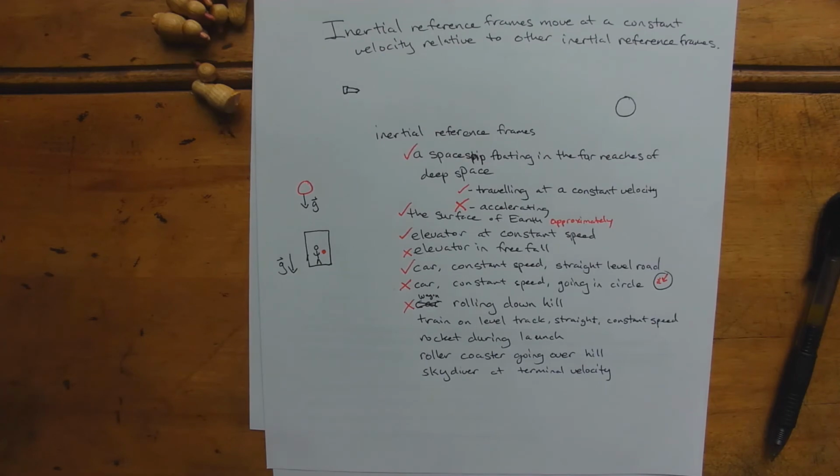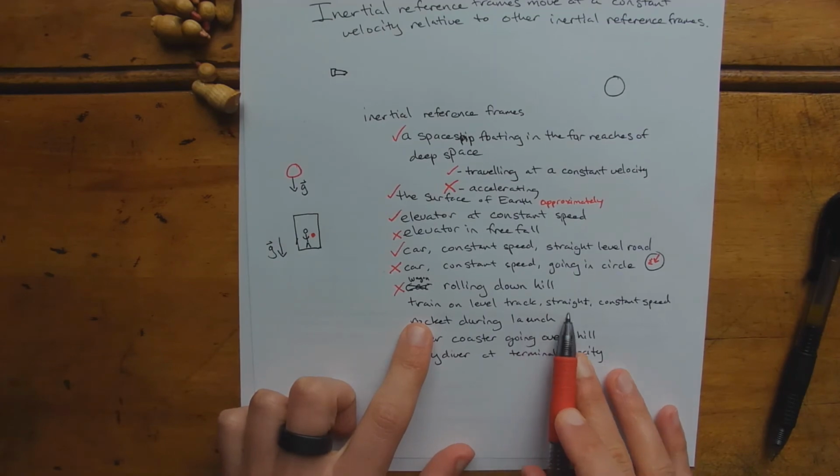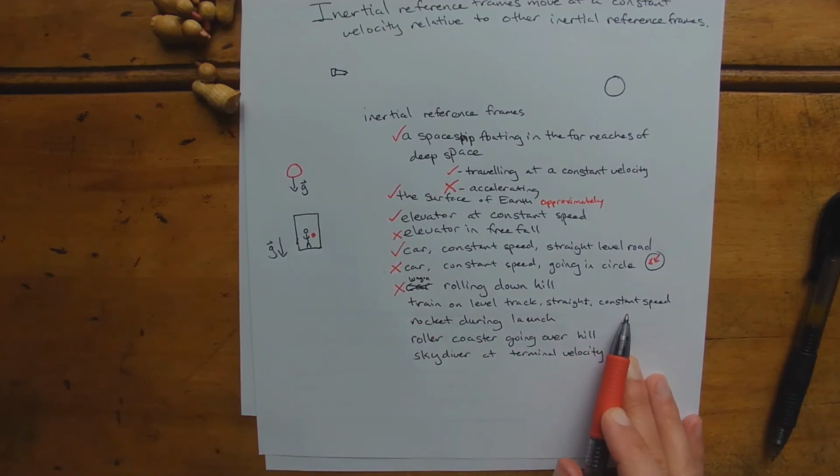But if your car's going down the hill at a constant speed, so you're applying the brake to keep the speed constant and doing a perfect job of it, that would be constant velocity relative to the surface of the Earth. Okay, here, if we have a train on level tracks going straight at a constant speed, that was what we started off talking about, that would be an inertial reference frame.